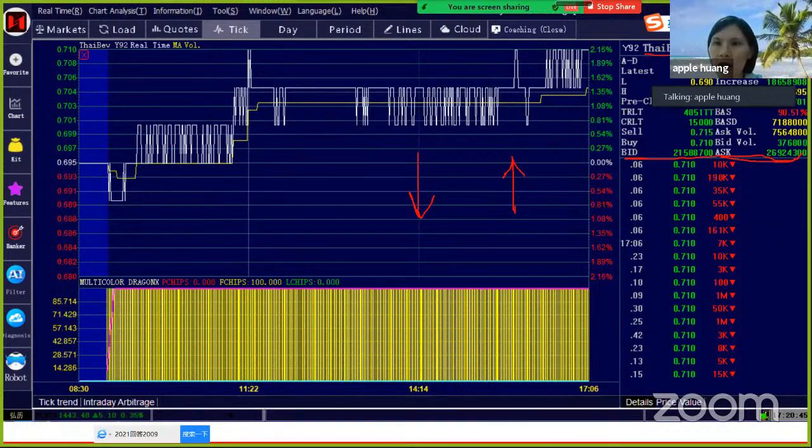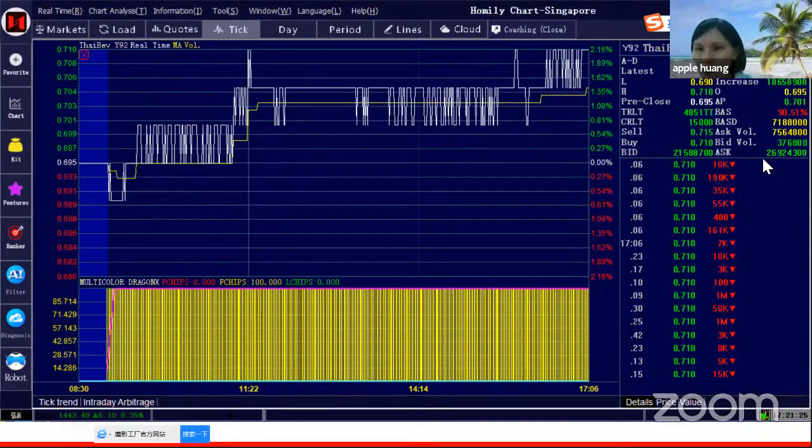Thai beverage has more selling down volume for the day, higher by 25%, a quarter. So it starts to have some sell pressure for Thai beverage.